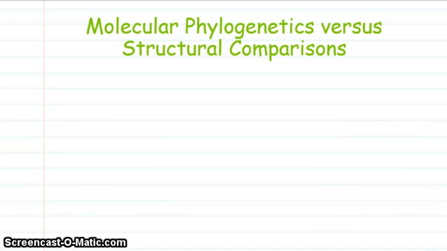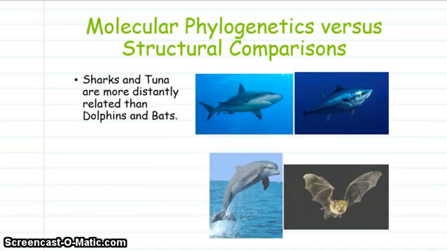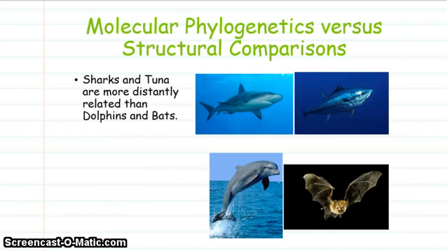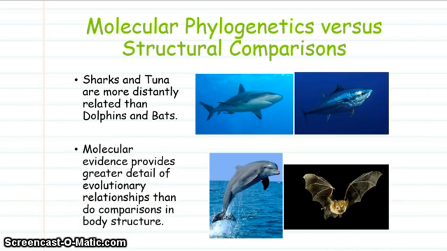Now, if we compare molecular phylogenetics versus the normal observation of animals in terms of their structure, organisms such as sharks and tuna, even though they look very similar, are very much more distantly related than dolphins and bats are, even though their morphology, their body plan, is essentially far more different than between that of a shark and a tuna fish.